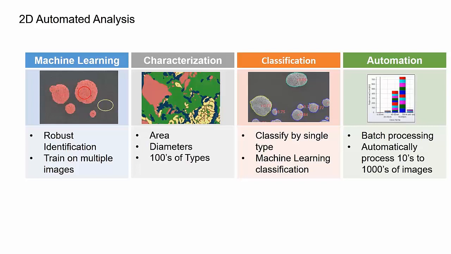Once you've identified your objects or your areas of interest, in this case ceramic particles, there's characterization. There are hundreds and hundreds of parameters you can use to characterize your sample; area and diameter are a simple example, whether texture-based, morphological-based, or intensity-based. You can report those out for each and every object.